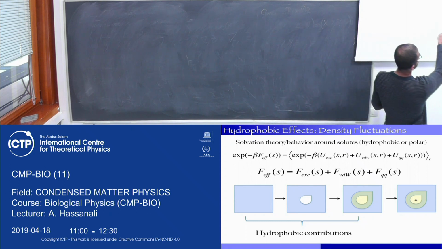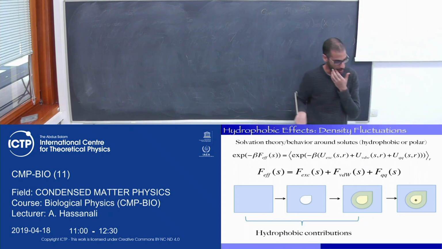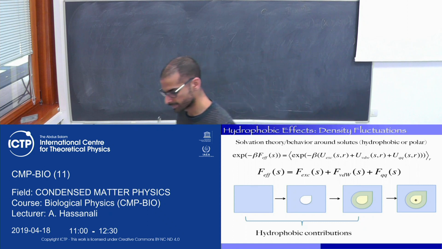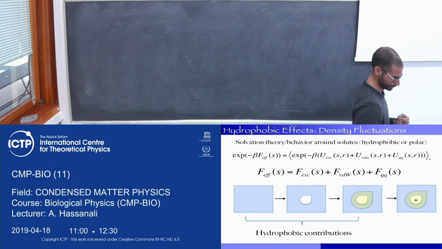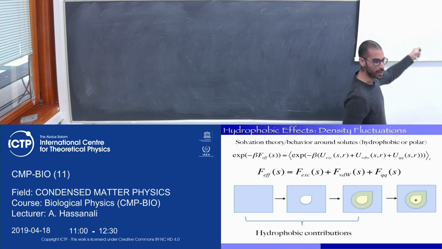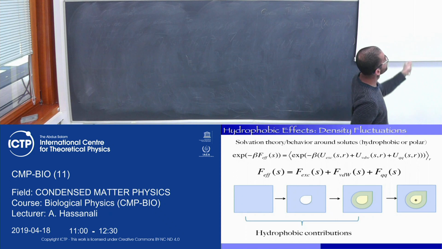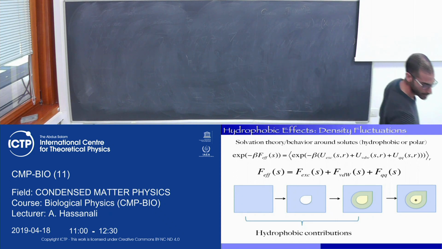And then if it's charged, I have a free energy term associated with the electrostatics. Okay, so this is the typical way that one thinks about the thermodynamics of solvation, of putting solutes in water. And this is the type of thing that one can numerically evaluate. You can numerically evaluate all these different components.